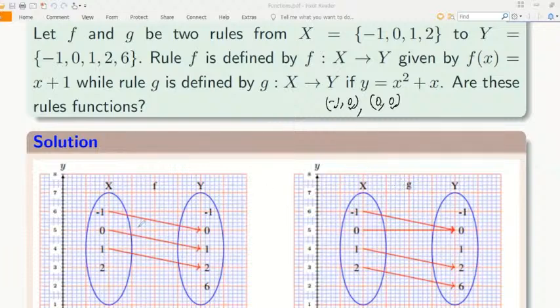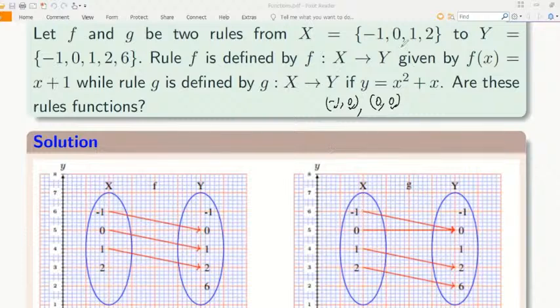The only thing we refuse is where one object has two images. Where one object has two images, that is not accepted. It's not a function. But in this other case, where one image has two objects, there's no problem. It remains a function.